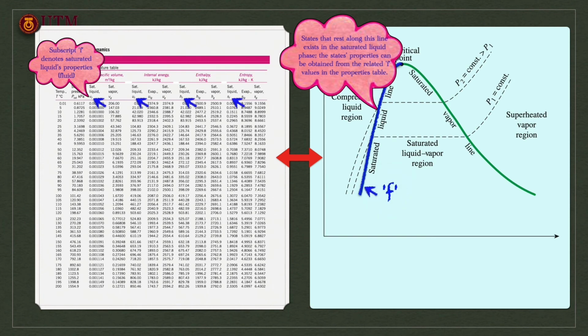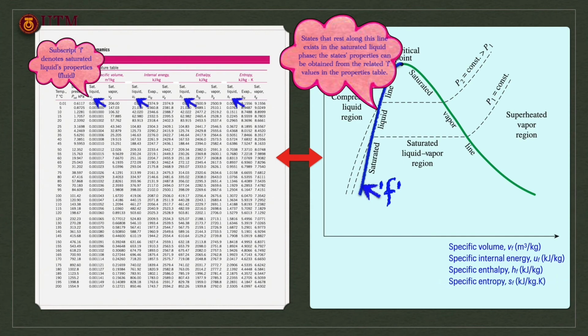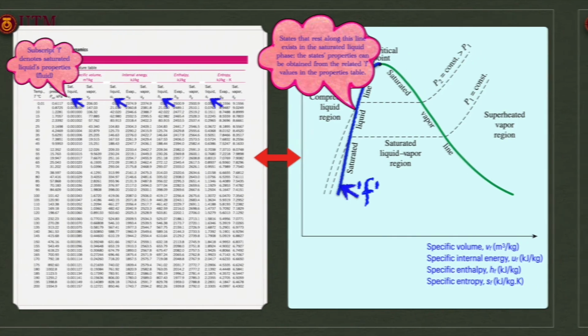Thus, the state's properties can be obtained from the related f values in the property table. Other properties than specific volume, such as internal energy, enthalpy, and entropy, behave similarly on their respective property diagrams.